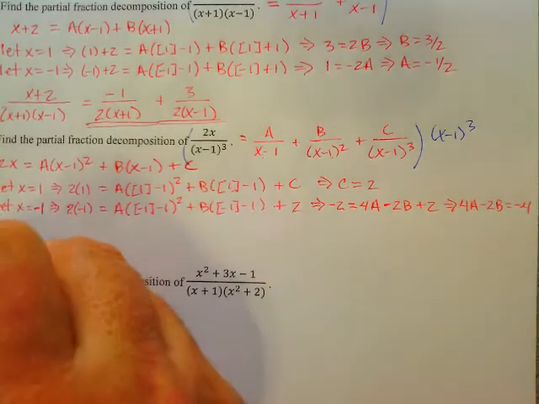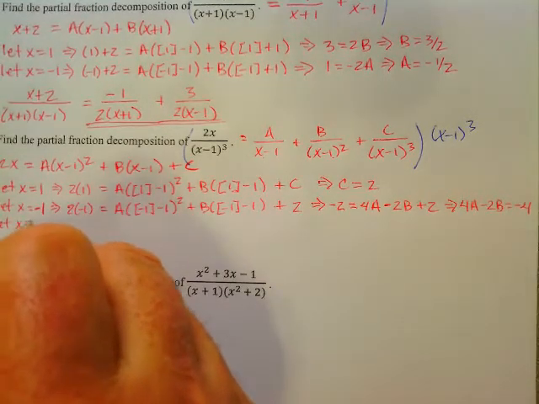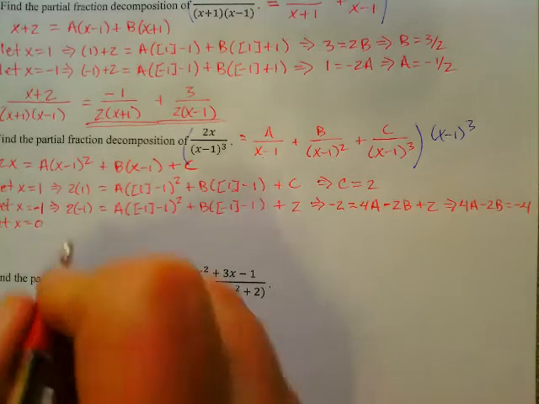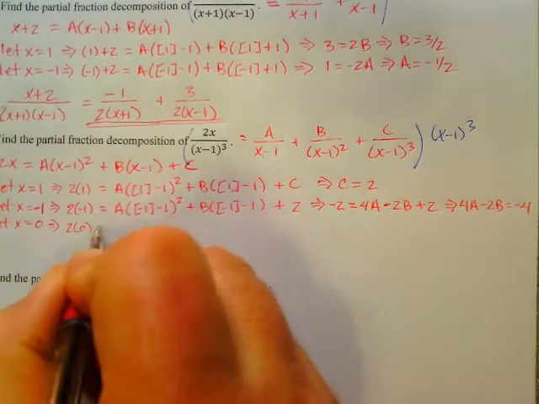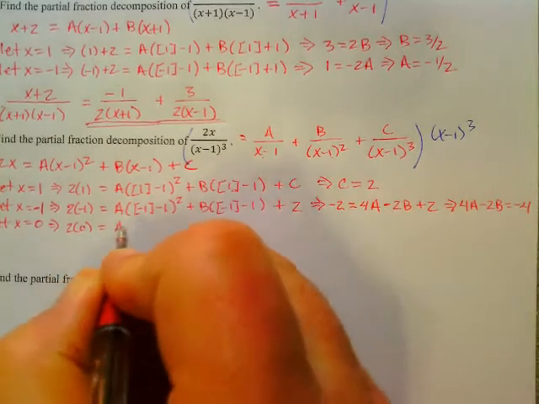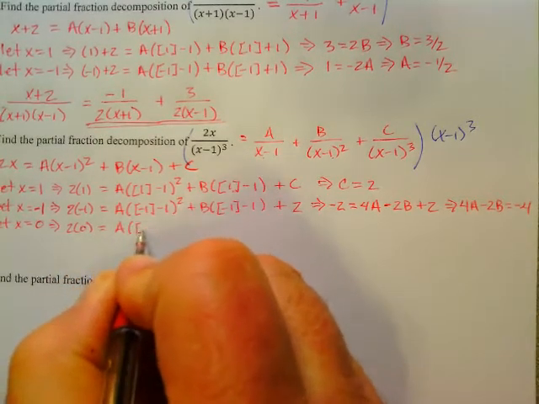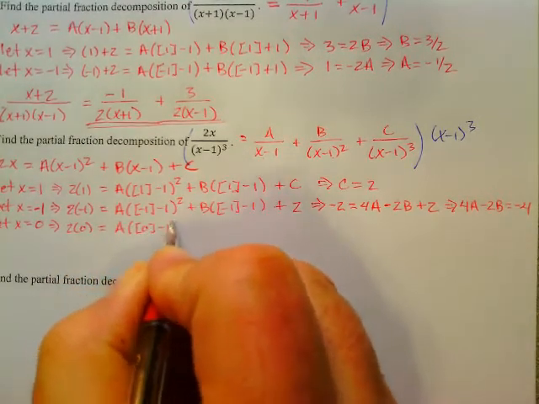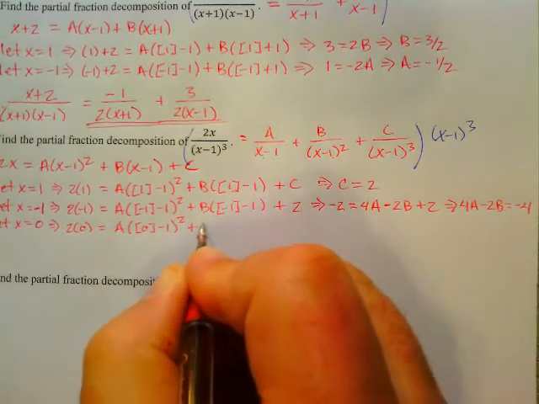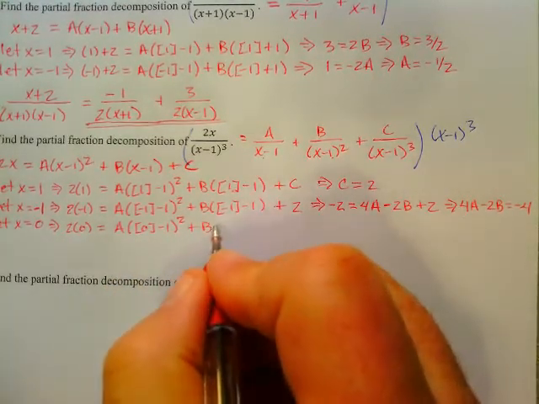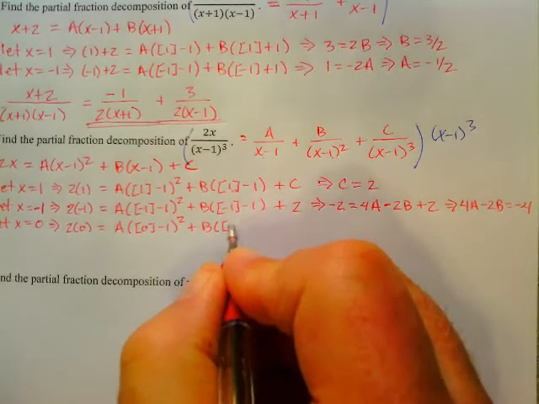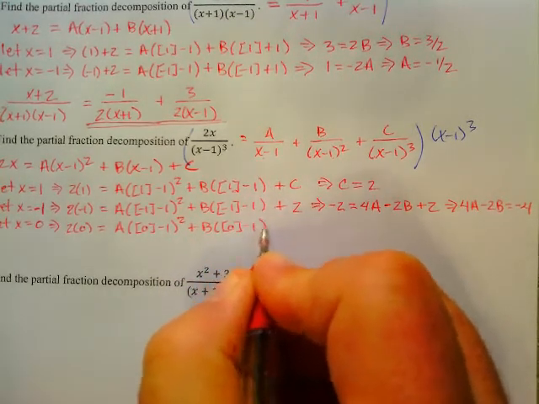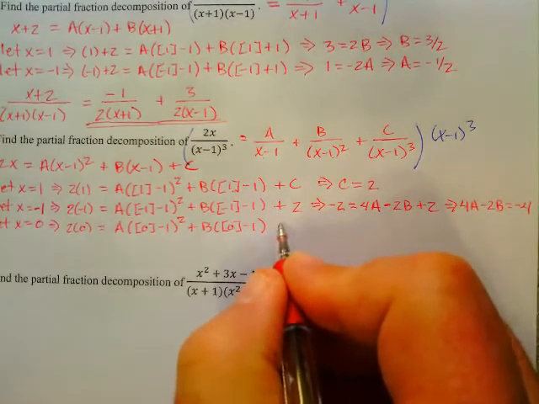Alright, let's try letting x equal 0. So we'll have 2 times 0. Here we'll have a times 0 minus 1 squared plus b times 0 minus 1, still plus 2.